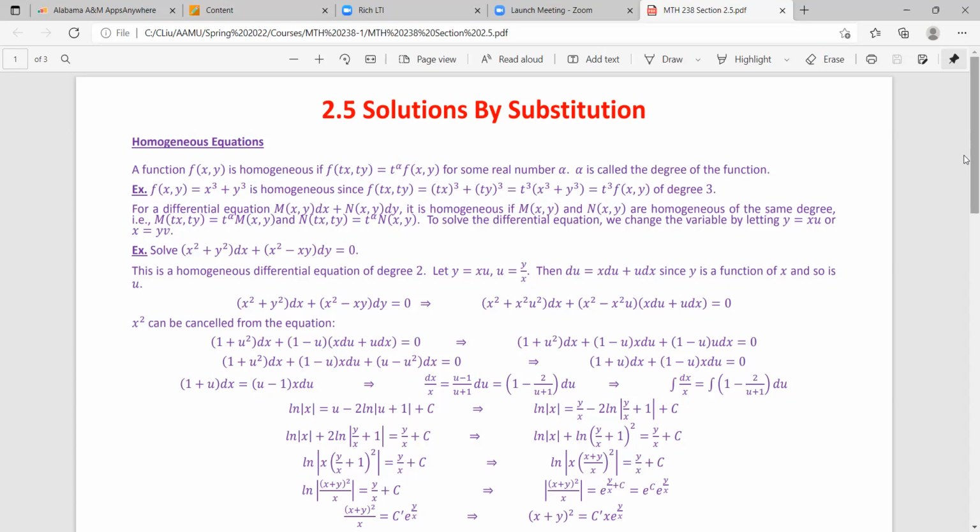So if f of tx, ty equals t to the alpha times f of x, y. Okay. And then we say this function is homogeneous.